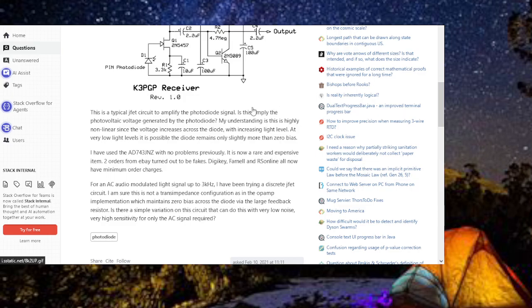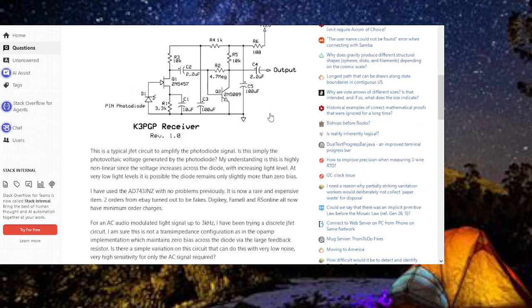This is a ham radio operator working with light communication stuff. For an AC modulated light signal up to 3 kHz, I have been trying a discrete JFET circuit. I am sure this is not a transimpedance configuration, as in the op-amp implementation, which maintains 0 bias across the diode. I don't know what does that.